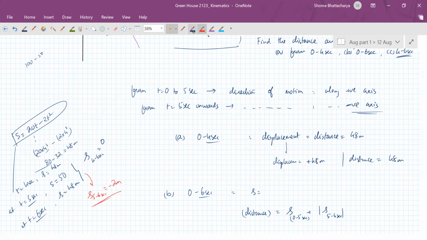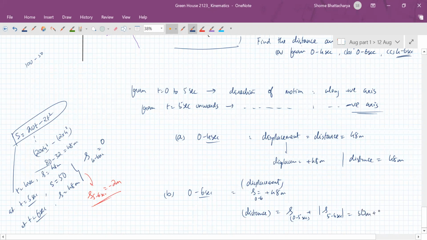So that is why the total displacement from 0 to 6 seconds is plus 48 meters. But the distance is actually 50 meters plus mod of minus 2. So it is 52 meters. This is the distance traveled, not the displacement, from 0 to 6 seconds.